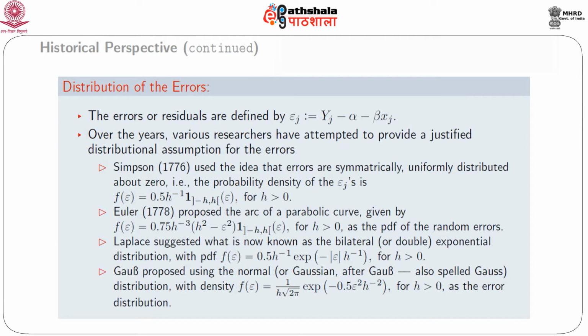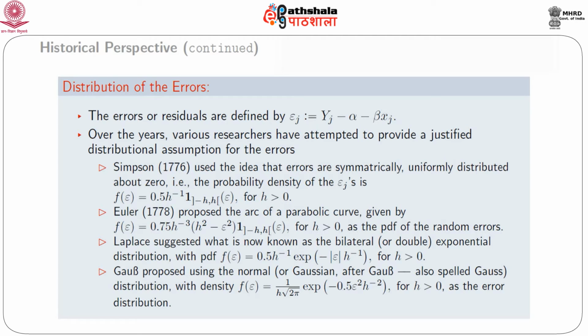The errors or residuals are defined by epsilon_j equals y_j minus alpha minus beta x_j. Over the years, various researchers have attempted to provide a justified distributional assumption for the errors.